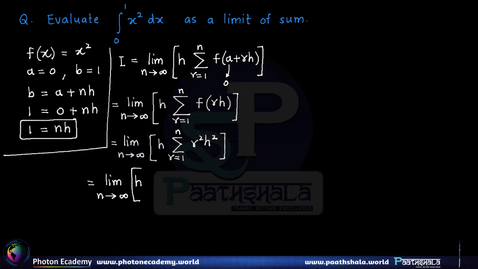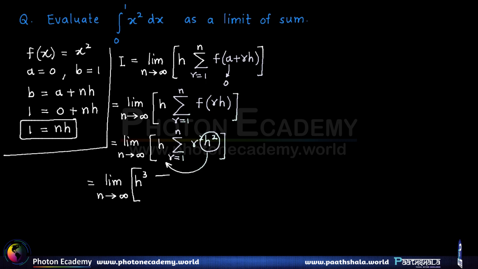So therefore we can take h square term outside the summation. So h square taken outside, there is already one h, so that gives us h cube finally, and we have the summation of the r square term as r varies from 1 to n.